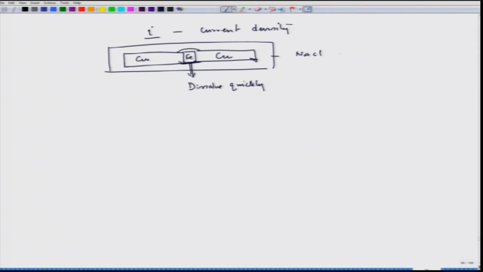So, this is the example we used while discussing galvanic corrosion.